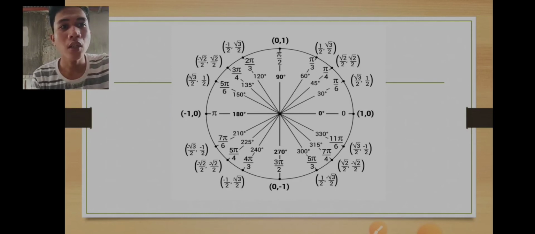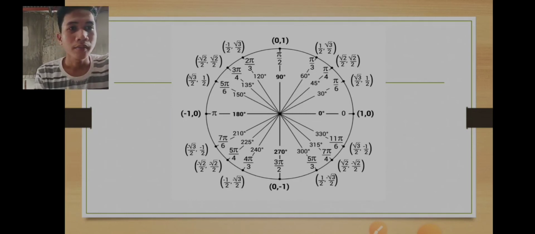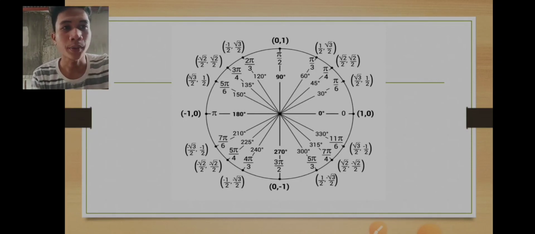At 330 degrees or 11 pi over 6, the cosine is square root of 3 over 2 and the sine is negative 1 half. And at 0 degrees, the cosine is 1 and the sine is 0.